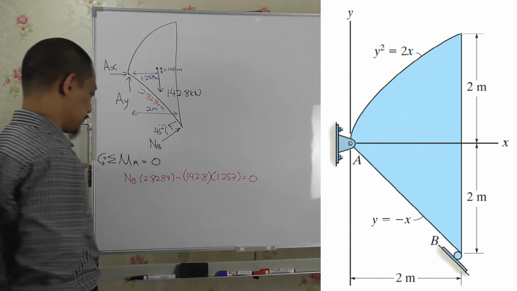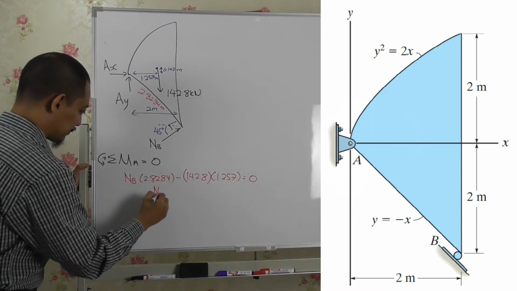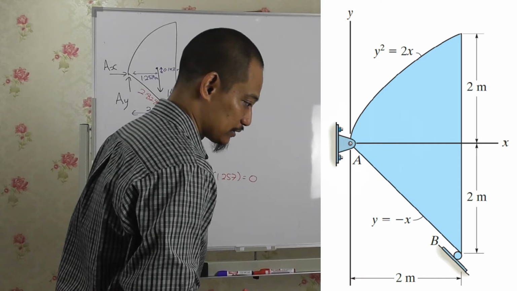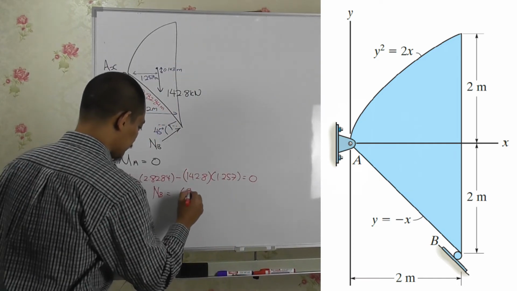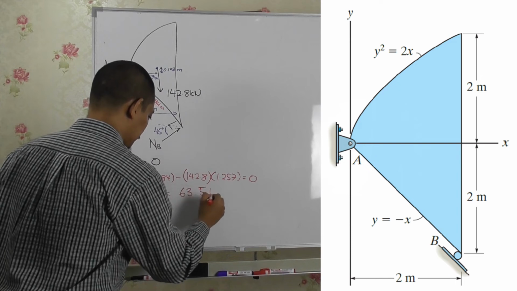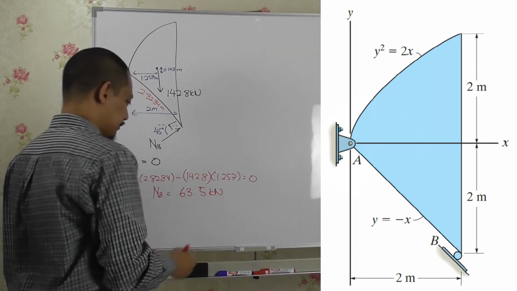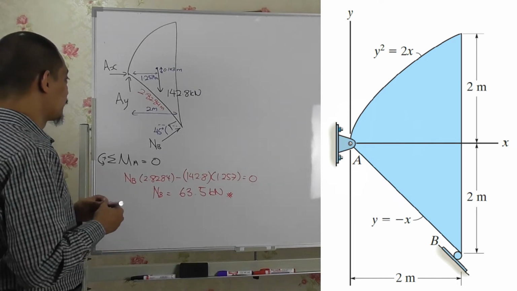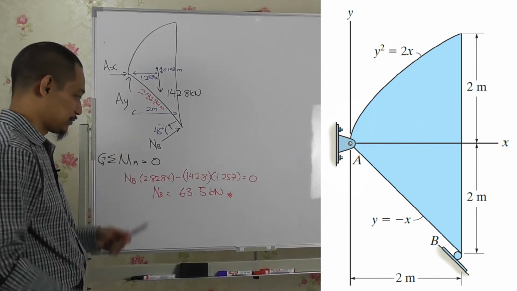This should be equal to 0, and from here you can calculate NB to be equal to 63.5 kilonewton basically, right? So that's one of the answers, because you are solving for AX, AY, and NB. That is if you use this distance here.